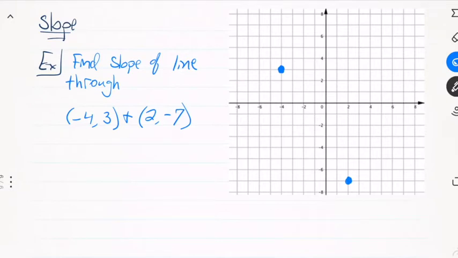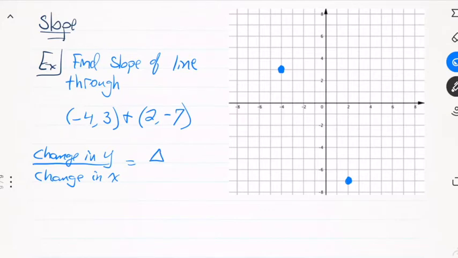So when we talk about slope, I'm going to always call it change in y over change in x. And you know, mathematicians are generally lazy, so they give a symbol for change. So change in y is a triangle y, and change in x is a triangle x. Now, the triangle, of course, is a Greek letter, but we don't have to get into that.